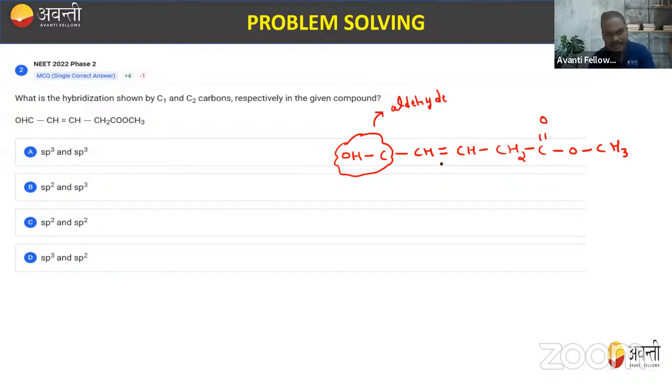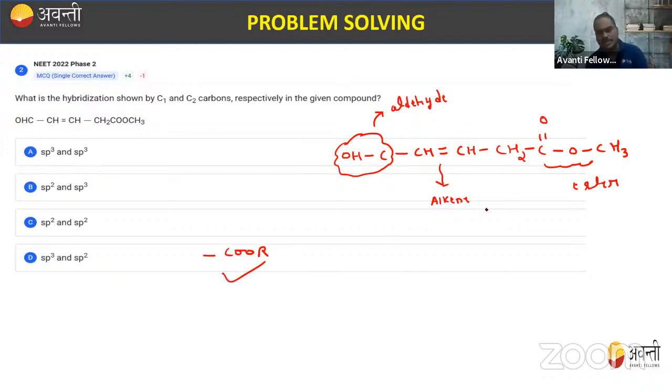Here we have an ethene group, that is an alkene, and here we have an ester group. So we know the priority order for naming: COOR first, then comes alkene and CHO. So this is the priority order.